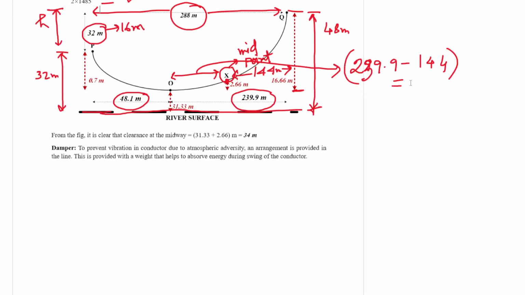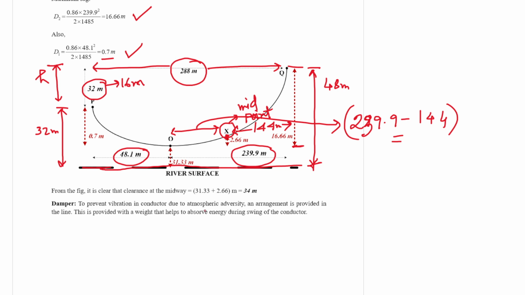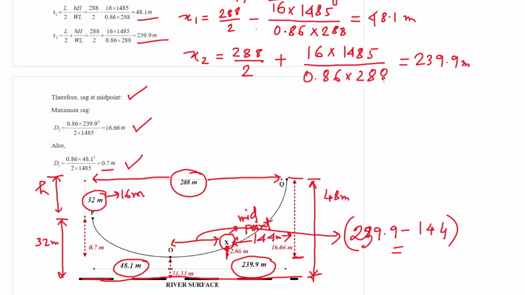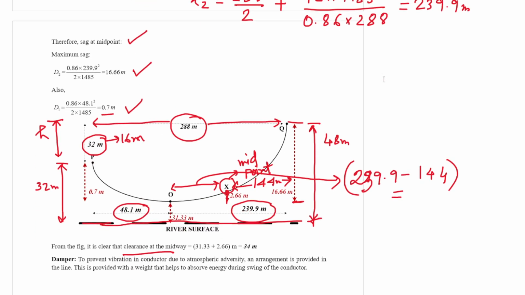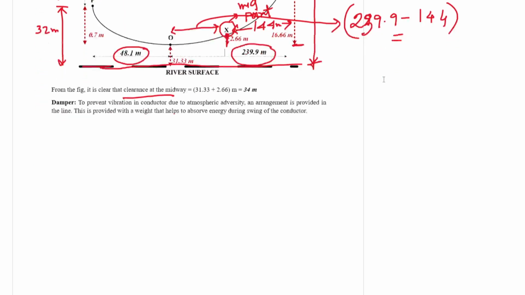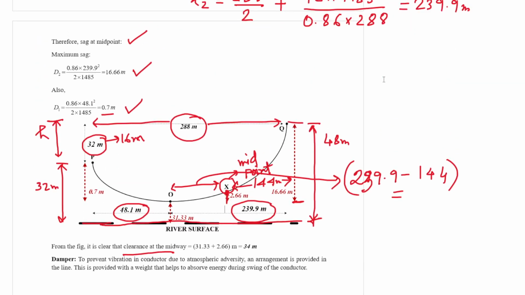Now from the figure it is clear that at the midway, the clearance should be, you see, this distance 2.66. So I think I have missed that. It is 2.66, at the midpoint.